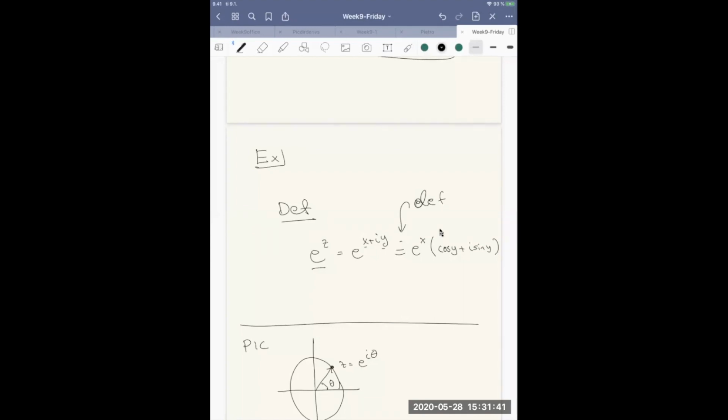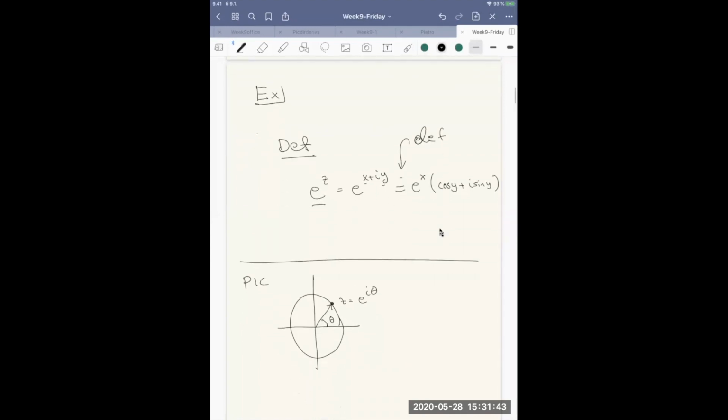With this notation, it's worth noting two things. The length of this vector is the x component squared, so e to the x cosine y squared, plus e to the x sine y squared, the y component. Once you FOIL this, and cosine squared plus sine squared is equal to 1, we're left with e to the x.